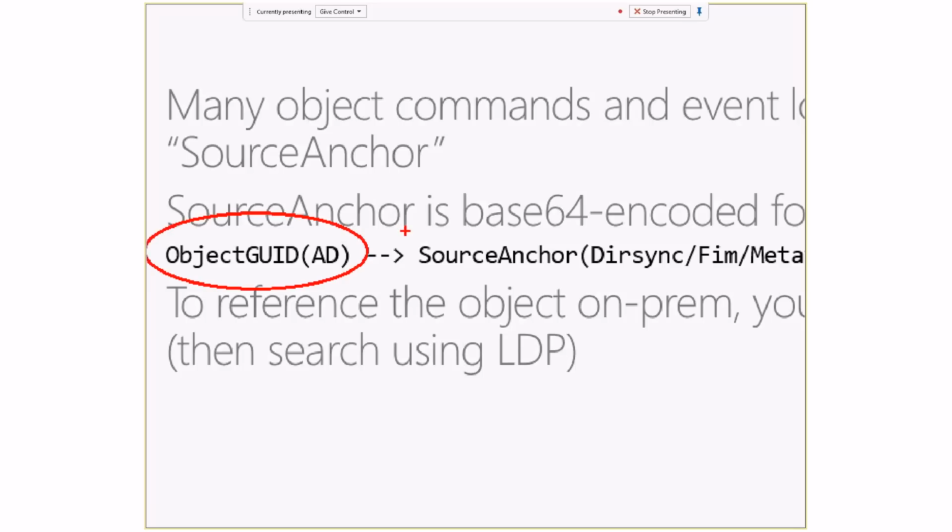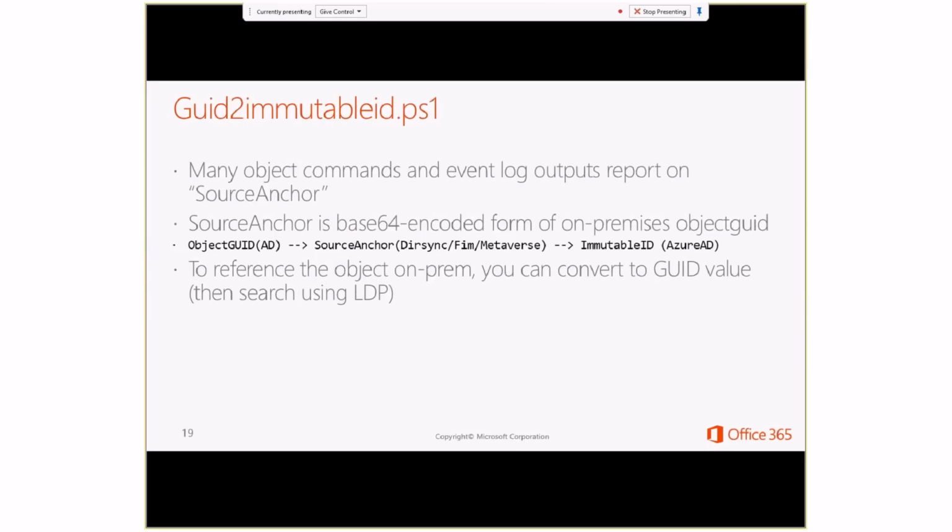When DirSync runs, it will write that object GUID value into the source anchor in the metaverse, and then when the Azure Active Directory Management Agent runs, it will write into the immutable ID attribute in the cloud. If an object already exists in the cloud with that same email address but is lacking immutable ID, at that point the soft match matches, and then immutable ID is populated, and therefore that glue is then permanent.